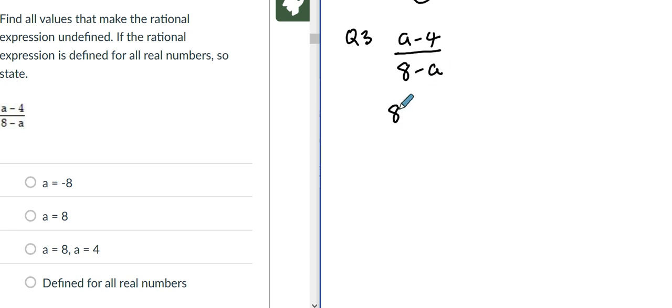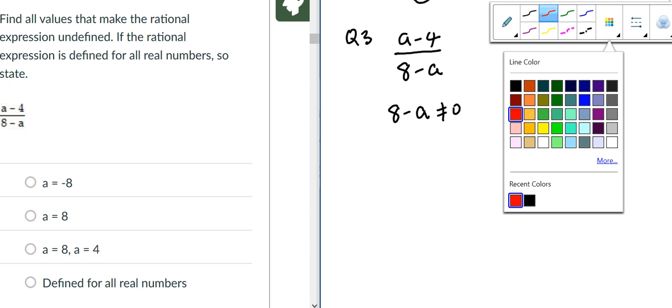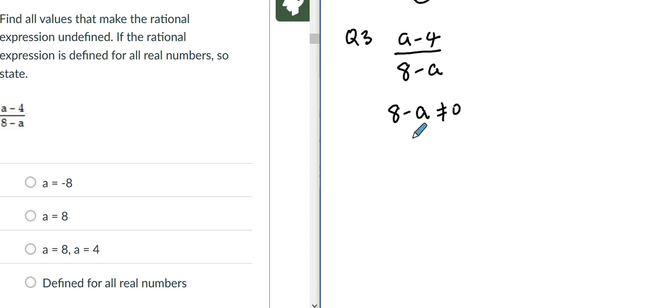Again, 8 minus a cannot be 0. So then here, for sure, if you do mathematically, plus a on both sides, you may get those two cancelled.